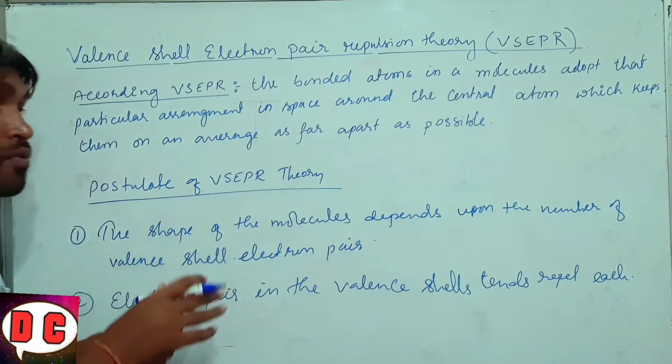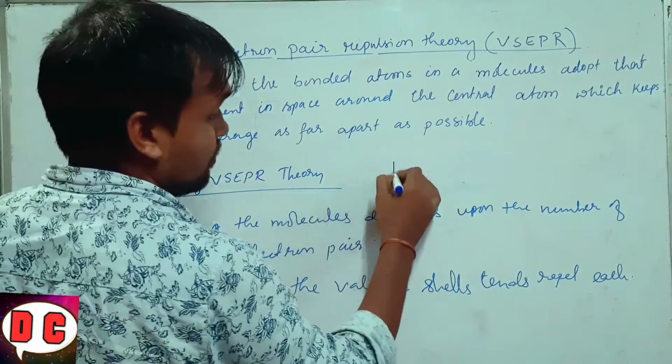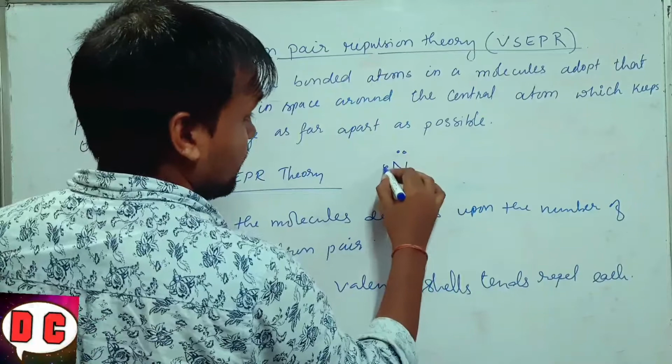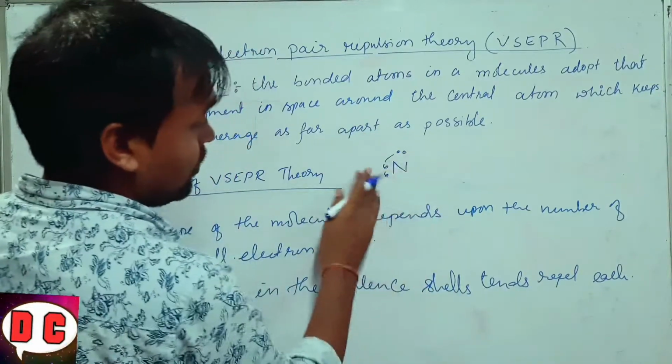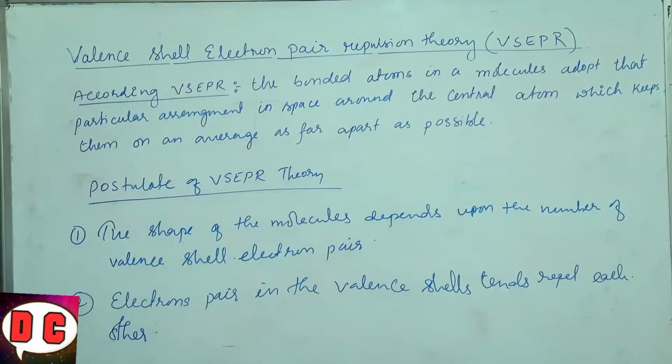That means the electrons present in the valence shell will try to repel each other. That is the second postulate.